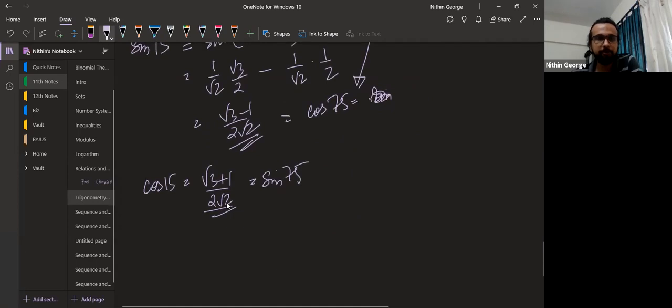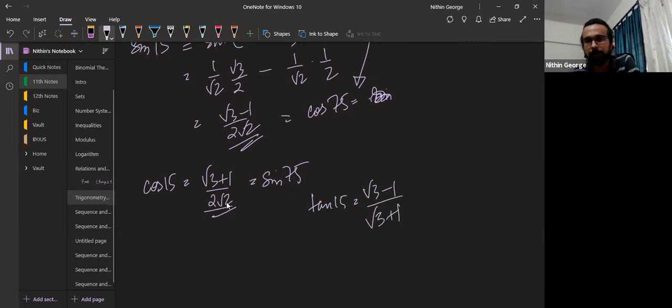You can find tan 15 from here, right? Tan 15 will be root 3 minus 1 by root 3 plus 1. Rationalize the denominator. You get 2 here. You get root 3 minus 1 the whole square, which becomes 4 minus 2 root 3, which is basically 2 minus root 3 for tan 15. Similarly, tan 75 will be root 3 plus 1 by root 3 minus 1.